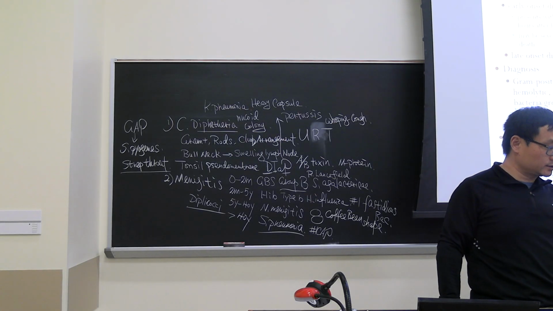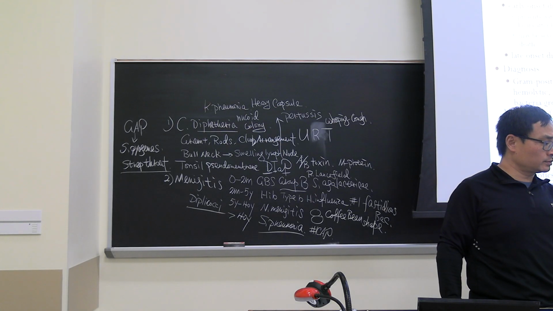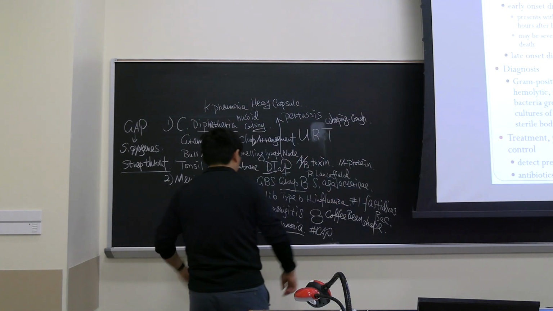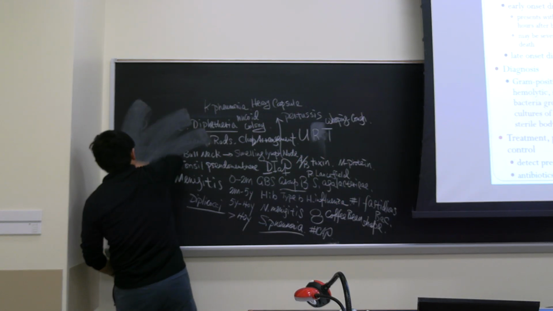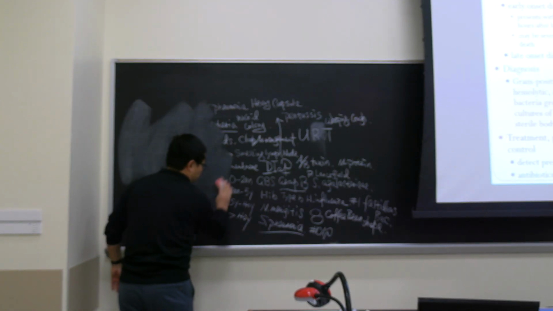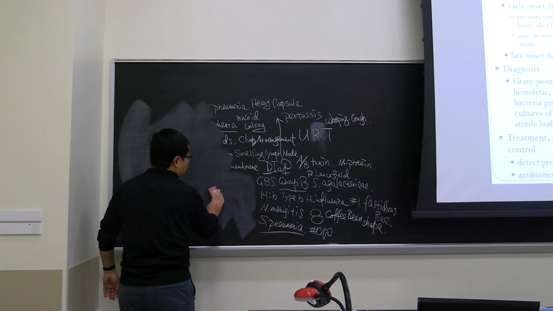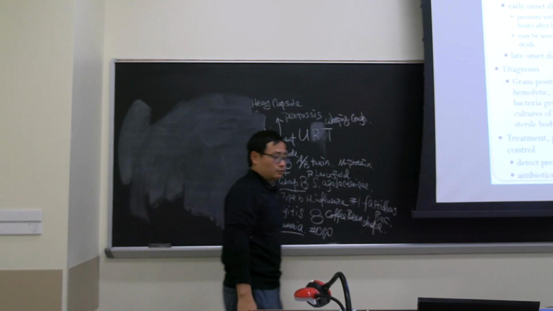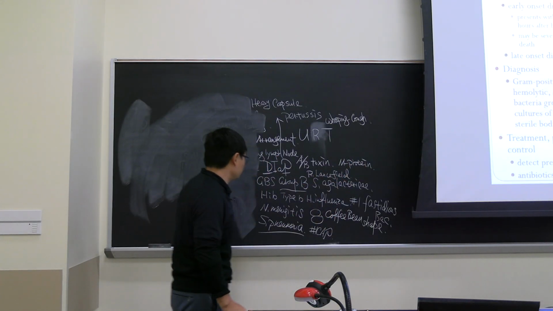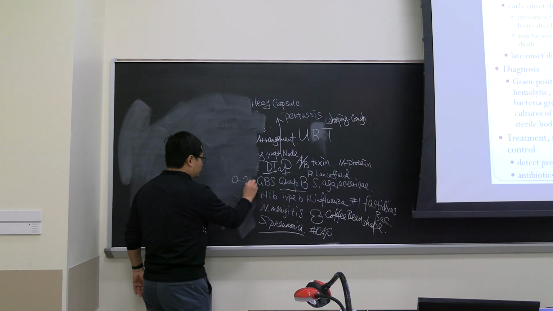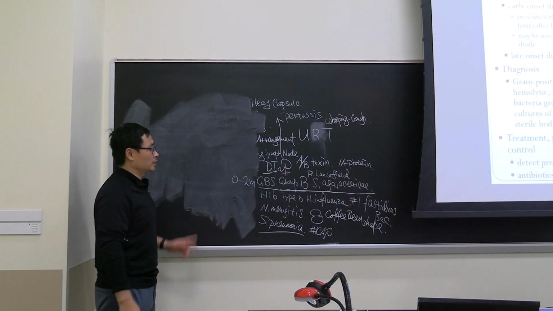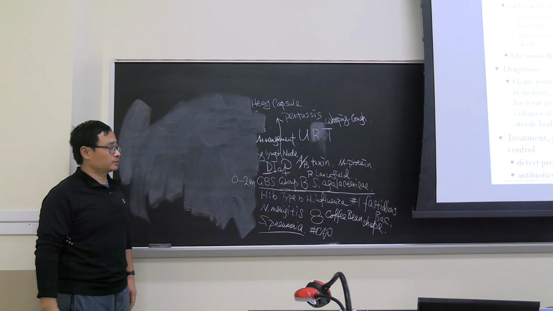Okay, group B, did we mention a disc? Okay, we didn't mention that. GBS, we already talked about that. So very important, we want to talk about GBS, group B streptococcus. We mentioned in the review, this is responsible for newborn meningitis, called Streptococcus agalactiae.